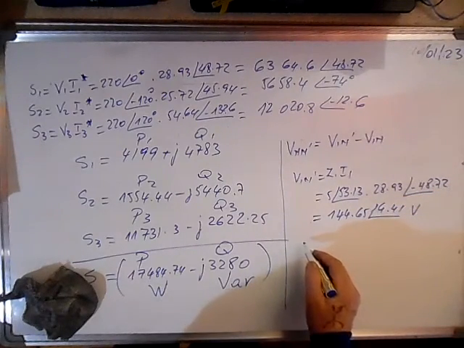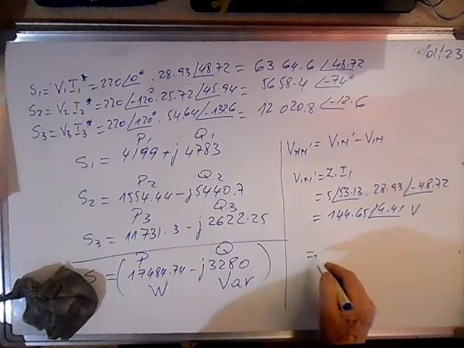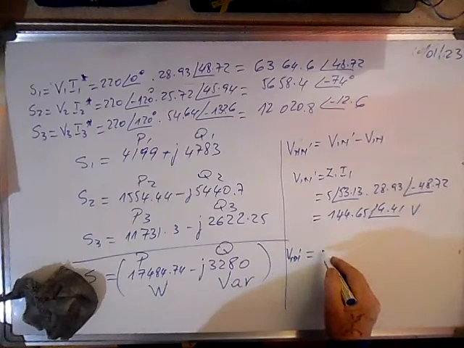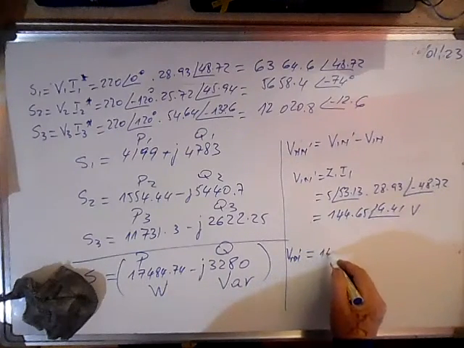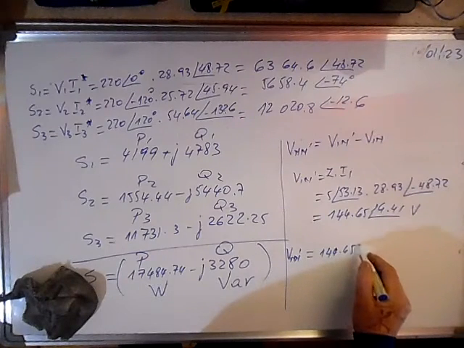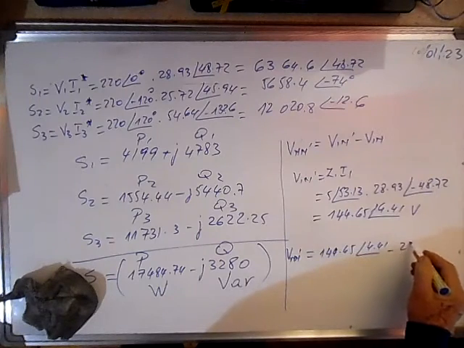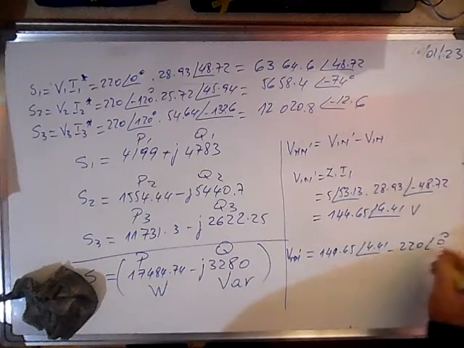Then Vn n prime is equal to 144.65 at 4.41 minus 220 at 0 degrees.